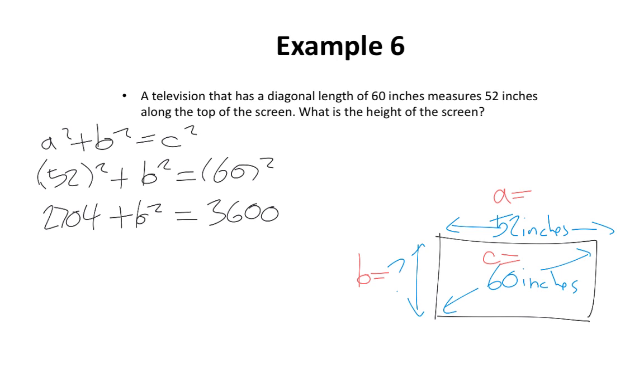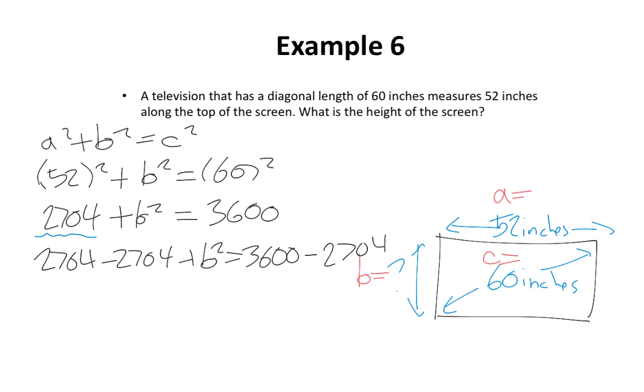Since we are solving for b, we need to isolate it, but b is stuck with this 2,704, which means we're going to have to subtract 2,704 from both sides of the equation. So 2,704 subtract 2,704 cancels out, which leaves you just b squared, and 3,600 minus 2,704 is equal to 896.